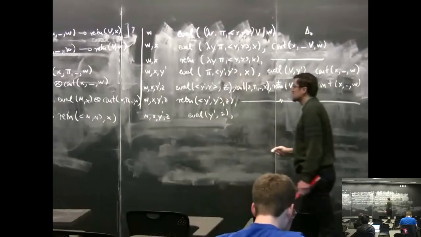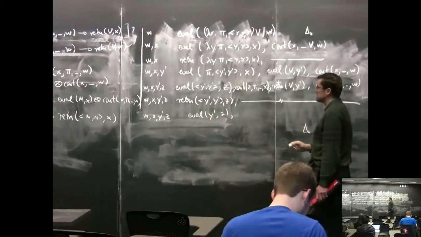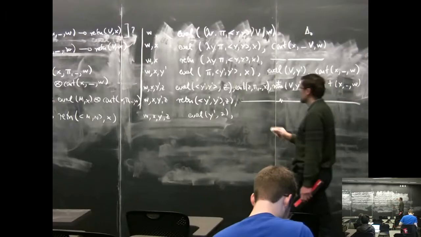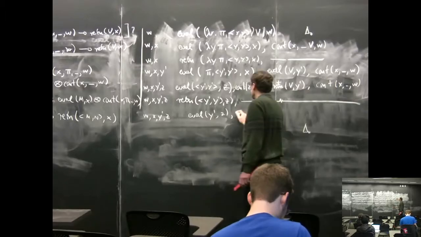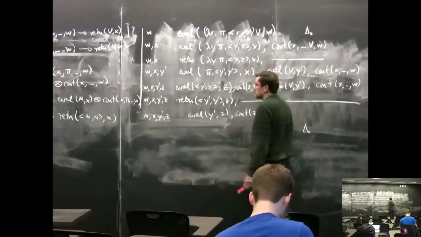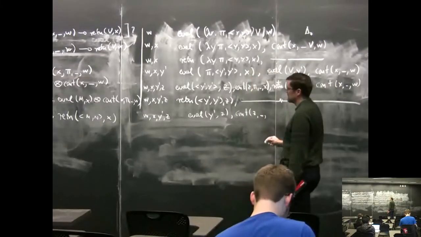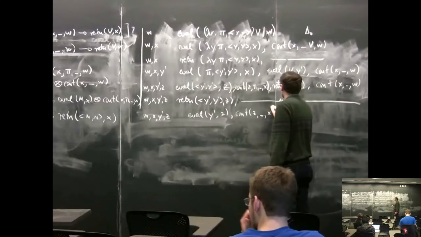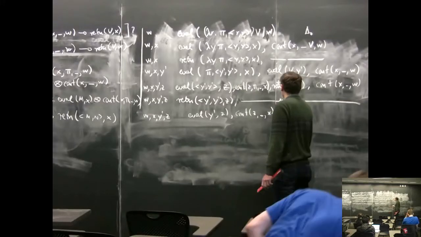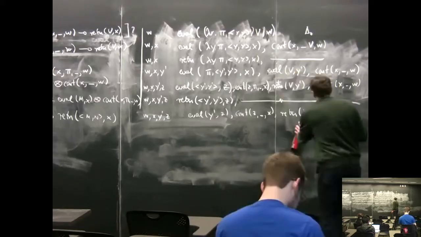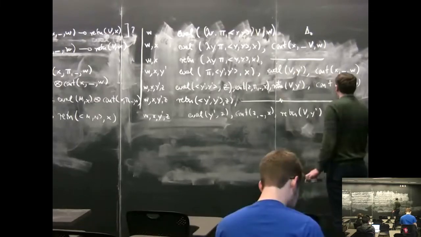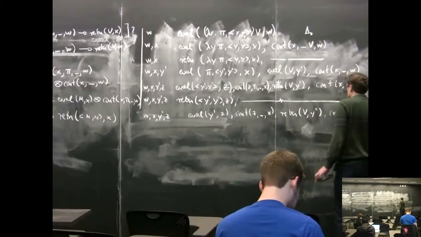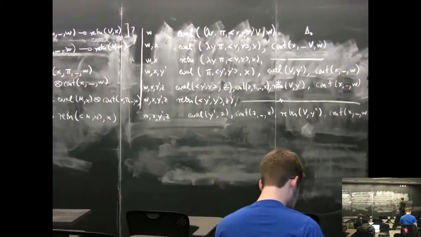Z. What else did we get into the context here? A continuation on z forward whatever to, what's w? X. And we still have the return v to y prime and the continuation on x to w.